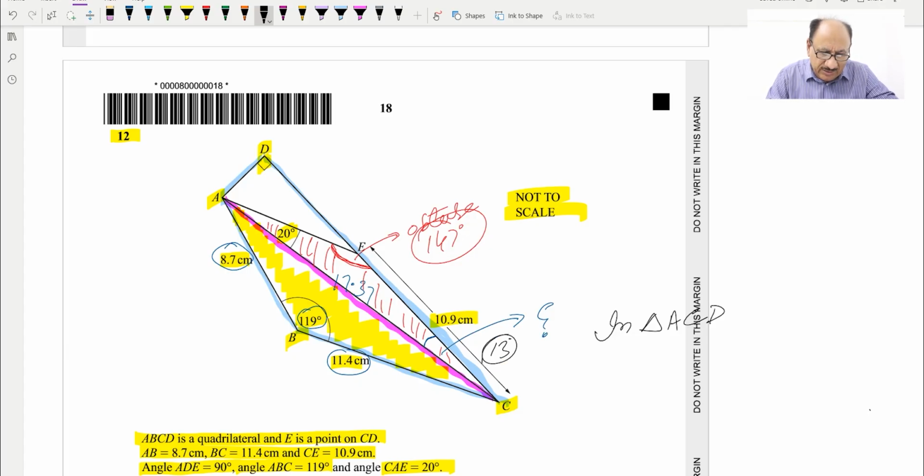So I'll be using this angle. We can write CD over AC is equal to cos of 13 degrees.